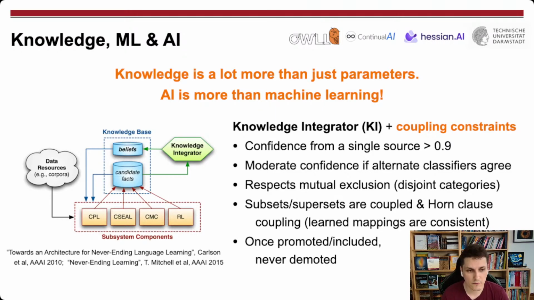So naturally, there are also these ideas that we've talked about earlier, like maybe only integrate something that has a confidence from a single source of more than 90% or so. Maybe also consider moderate confidence scenarios if alternate classifiers in this ensemble agree. But particularly interesting here in NELL is respecting mutual exclusions, like disjoint categories, for instance.